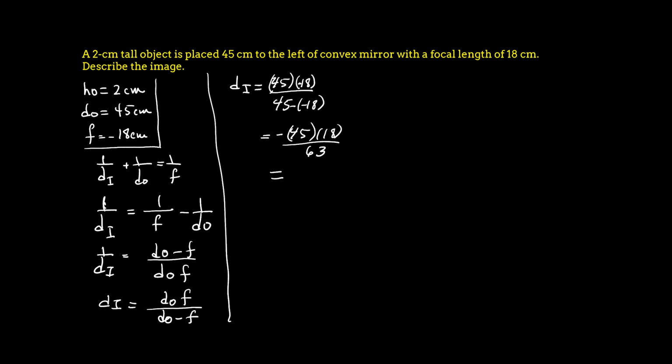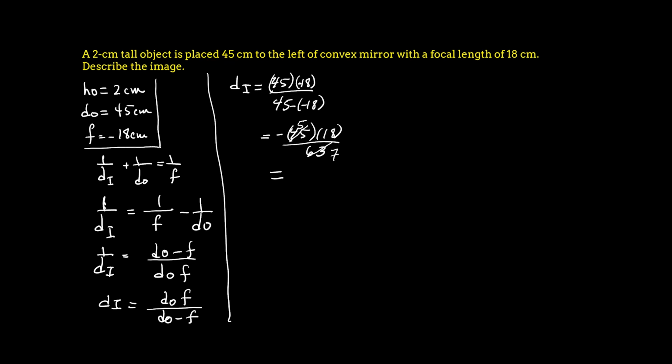So we are going to get our negative out. Yeah, maybe divide by 9. This will give me a 7. This will give me a 5. Okay. Cannot simplify anymore.